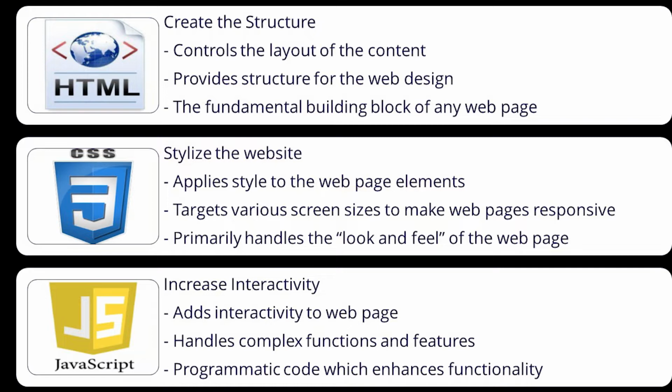With HTML, you will be able to create the structure of your website. CSS gives you the ability to make the website look more visually appealing. As for JavaScript, this is a robust programming language that allows you to effectively change the HTML and CSS components of your website to match your specifications precisely.